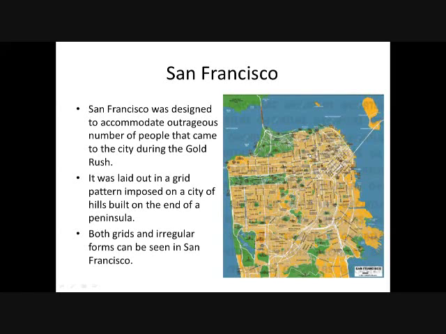So some parts were following the irregular form, and some parts were following the grid form. And this is also what we saw in some cities in the Gulf. Some parts kept their regular form, like the south part of Jeddah, while the north and all the extension to the north was following a regular gridiron.